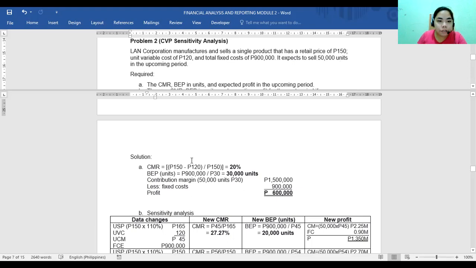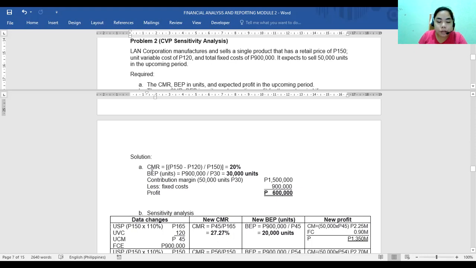So for the CMR, first, CMR is the contribution margin ratio. That's 150 of selling price less 120 unit variable cost divided by 150. Since our selling price represents 100%, we'll see what's the percentage of unit variable cost. That's 120 divided by 150, so it's 80%. So our CMR is 20%.